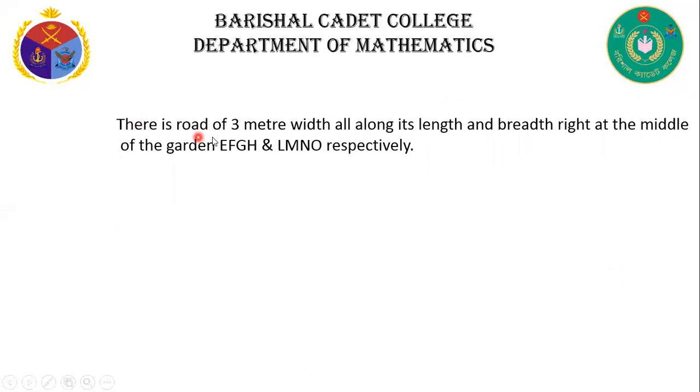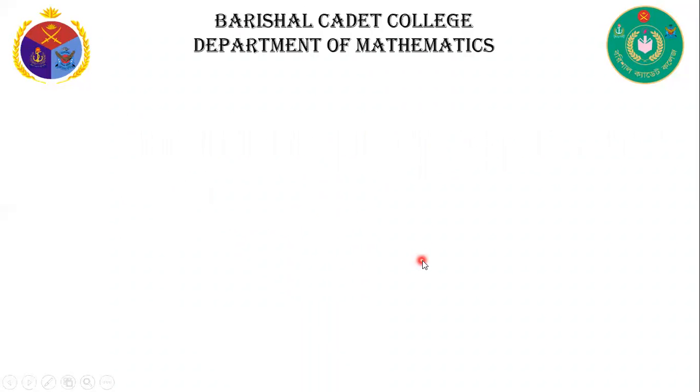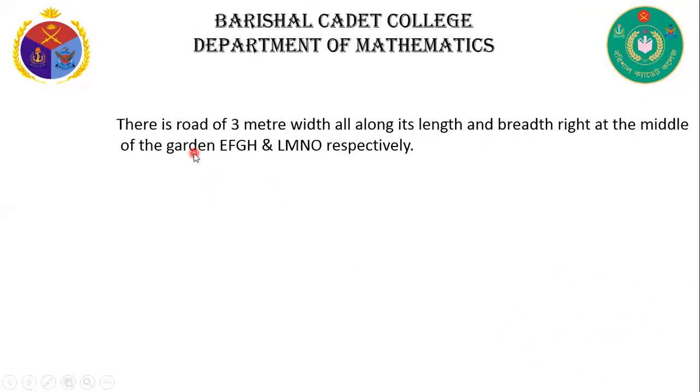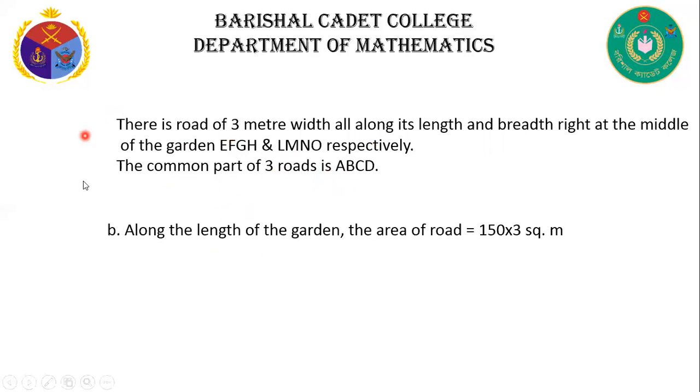So there is a road 3 meter wide along the length and breadth at the middle of the garden, EFGS and LMNO respectively. The common part of the two roads is ABCD.